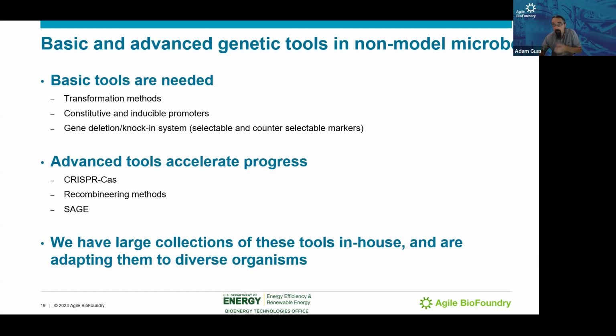But we also know that we can really accelerate progress by helping people to develop more advanced tools like CRISPR-Cas editing, recombineering, CRISPR inhibition, and the SAGE toolkit that I'll talk about. And so we have a lot of these tools already in-house. And so adapting them to new organisms can be really, really rapid. And so when you come to us with your favorite organism that needs these tools, we can really push forward rapidly on some of the tools that you might need.